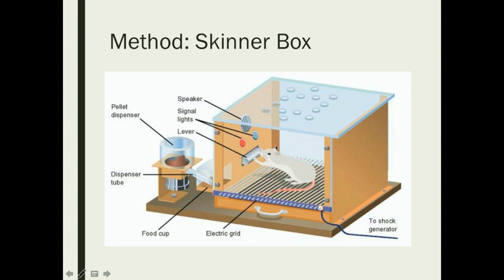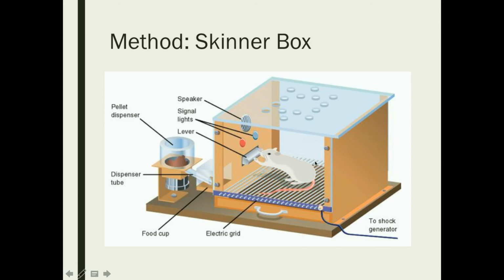Now, in negative reinforcement, very cleverly, Skinner would electrify the floor. And what would happen when the rat pressed the lever is, it would switch off the electricity. So it would remove a negative experience, which is referred to as negative reinforcement. The rat would learn to press the lever to remove the pain.